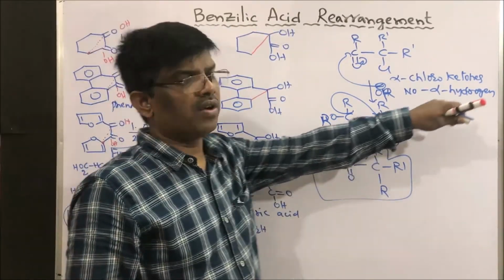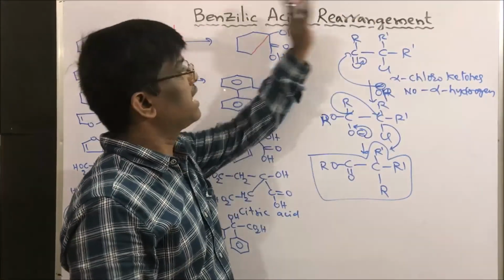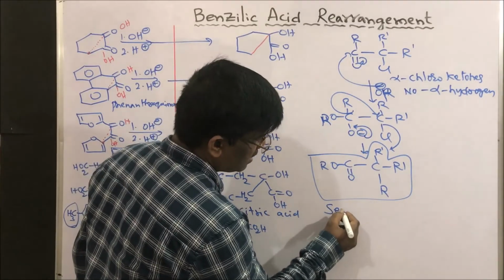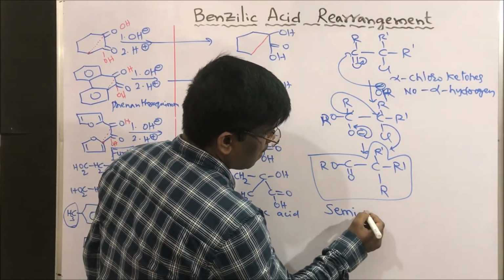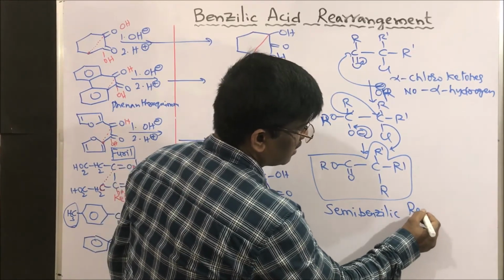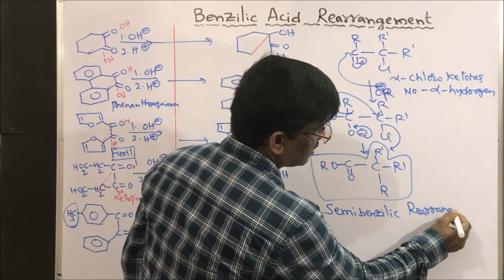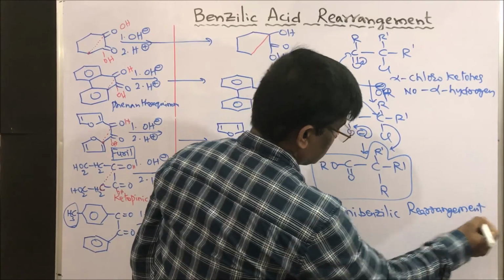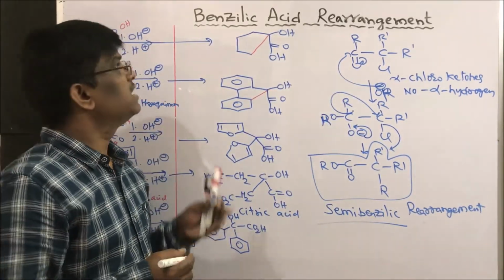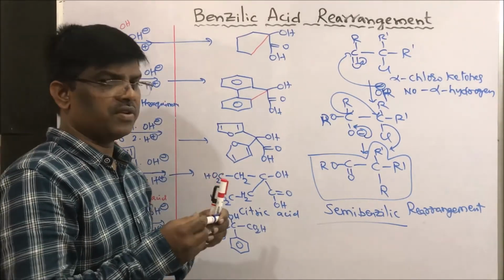So alpha chloroketones also undergo a benzilic acid rearrangement type reaction. This reaction is known as the semi-benzilic rearrangement reaction. Semi-benzilic. This is how benzilic acid rearrangement takes place, students.